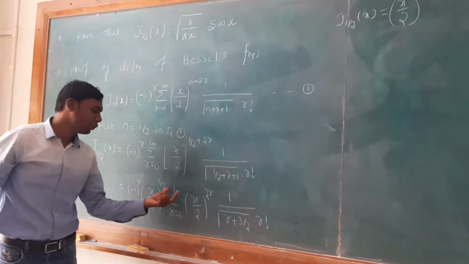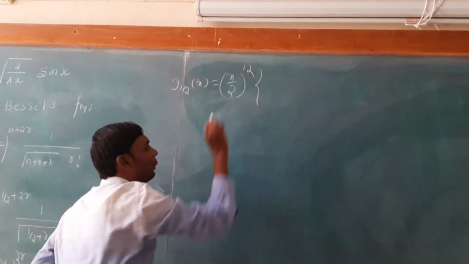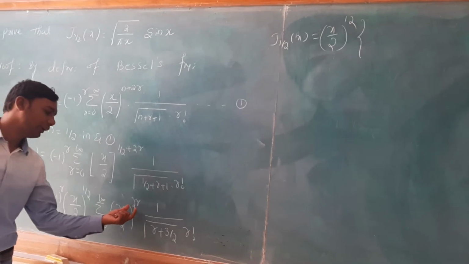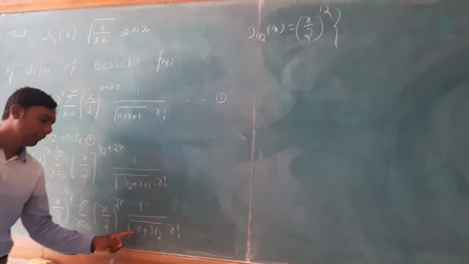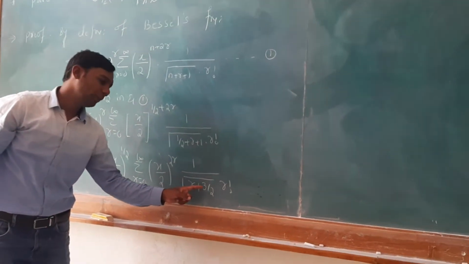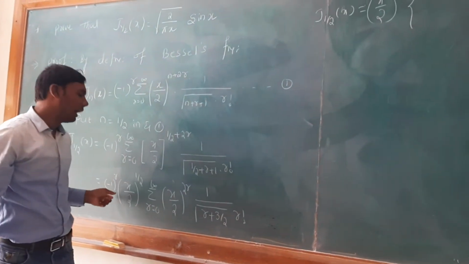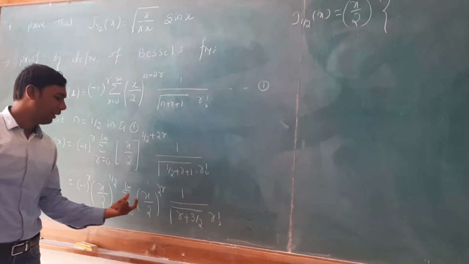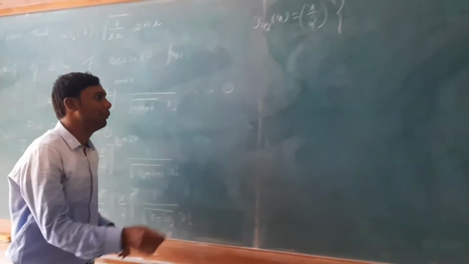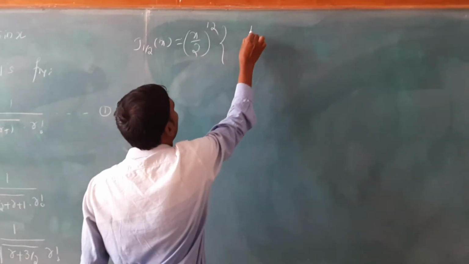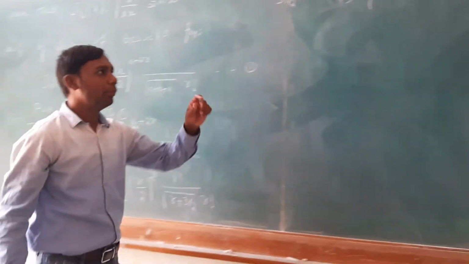Put r equal to 0: minus 1 raised to 0 is 1, so 1 as it is. Then put r equal to 0 here, we get x by 2 raised to 0, and anything raised to 0 is 1. Then 1 divided by, put r equal to 0, 0 plus 3 by 2, that is remaining gamma of 3 by 2, and 0 factorial is 1. So if you put r equal to 0, we get only 1 divided by gamma of 3 by 2.